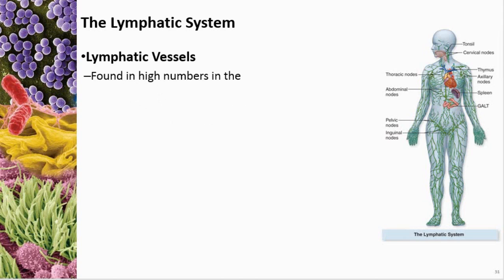So we have very high numbers of them in the hands, feet, breast, and these are basically in areas where there's a high likelihood of the introduction of pathogens. Hands and feet, because it's a common place to get cuts, right? Breast, because there's an opening there, and nursing babies apparently are dirty, I guess.